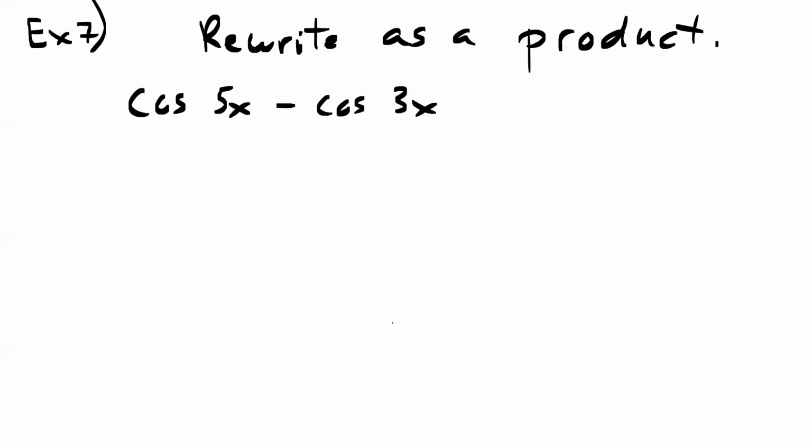Now the question is, can I make that so they're products of each other? So exercise 7, yes, I skipped it just for time purposes, but it was just a practice one. So rewrite as a product, and that's it, guys. We're really just shifting from one form to the other.